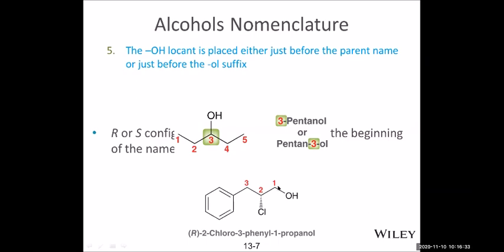So the position 1 has OH, and so just name such as this. Alphabetic order. This is phenol, start with P, and the chloro start with a C. So this is go name first. Okay, so naming the alcohol doesn't really have much new. It's very similar to the alkene or alkyne.